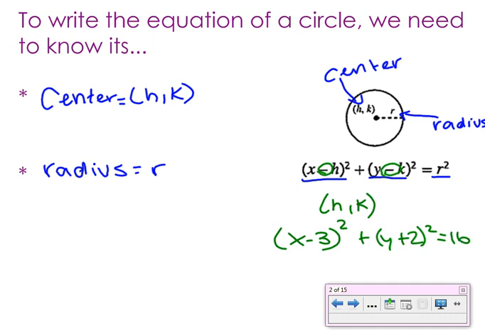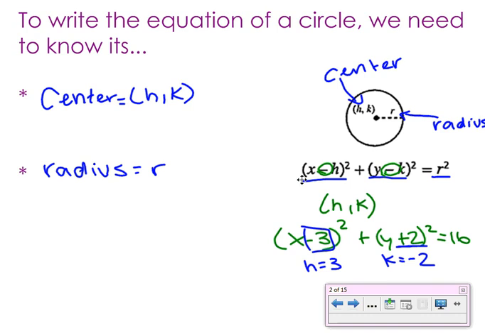So when we're taking that h and k, we actually take the opposite sign of what is in front of us. So it would be h equals 3 and k equals negative 2, because here it's a positive 2, so we take the opposite sign, which would be negative.